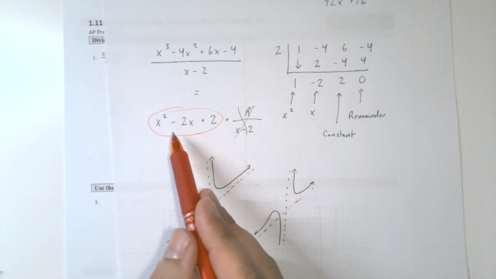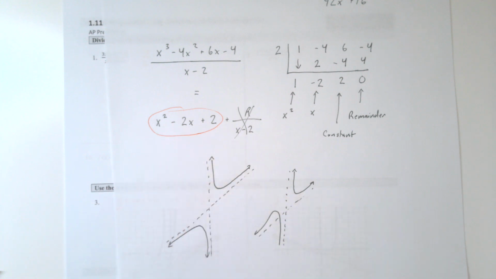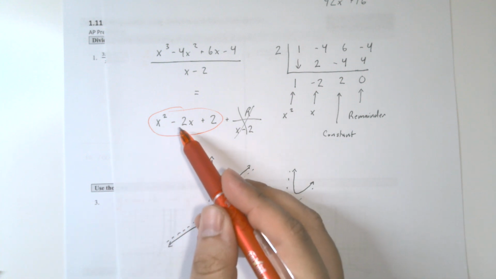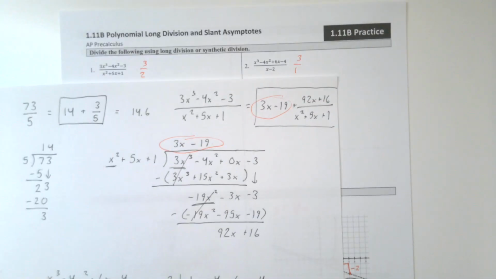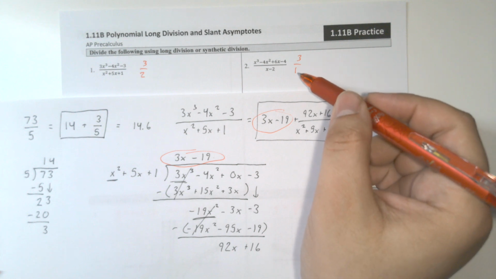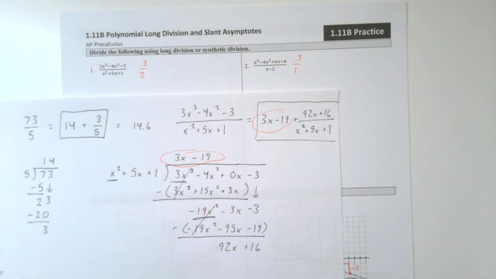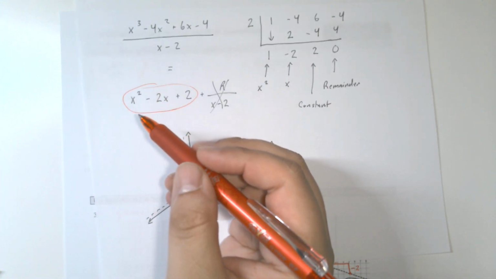This is actually the equation for our asymptote. And as I said earlier when I was looking at number 5, this is a parabola. Notice that 3 minus 1 is 2, so it's a second degree polynomial. Our asymptote is a parabola.